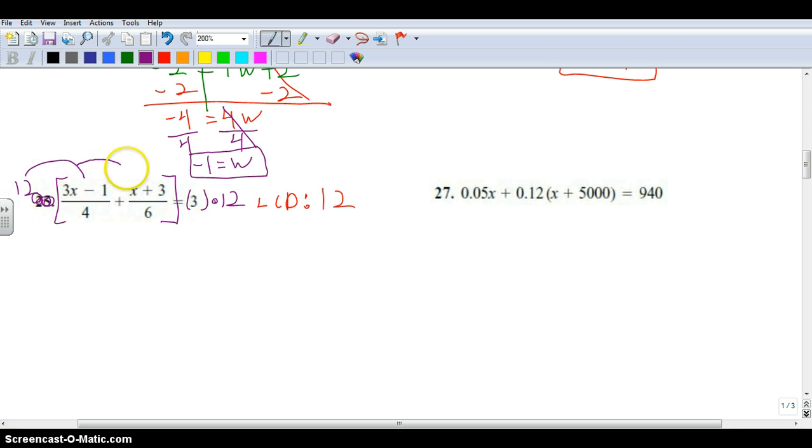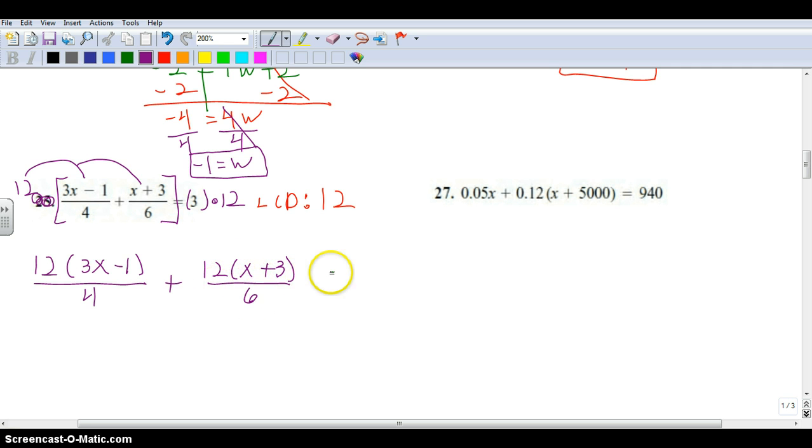So I got to distribute it. So maybe I should actually show this just to make sure everybody follows, and then like I said, I probably won't work it any further than that. So I'm multiplying 12 by everything, so just so we can really get a good grasp of this. So then I'm going to have 12 times x plus 3 right here, divided by 6, and then on the other side, well, 3 times 12, that's 36. And so now the 4 will reduce to a 1 and the 12 to a 3.